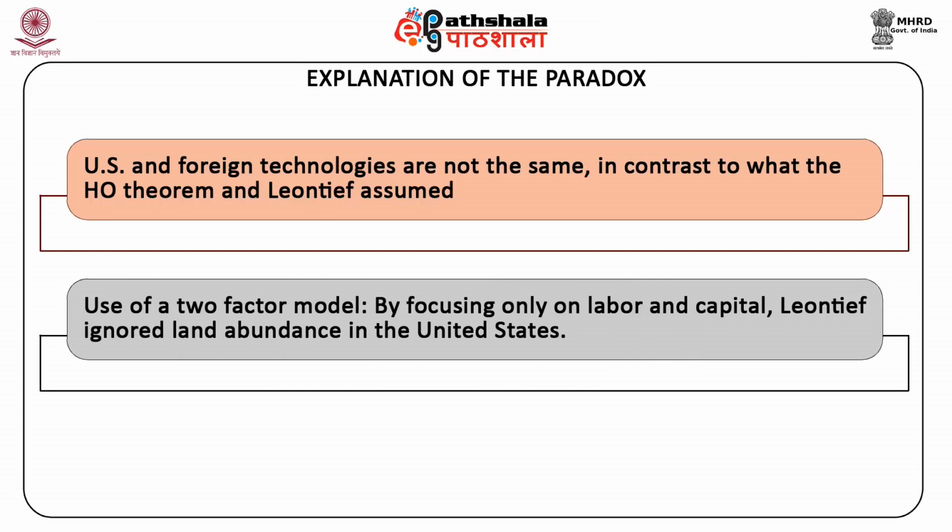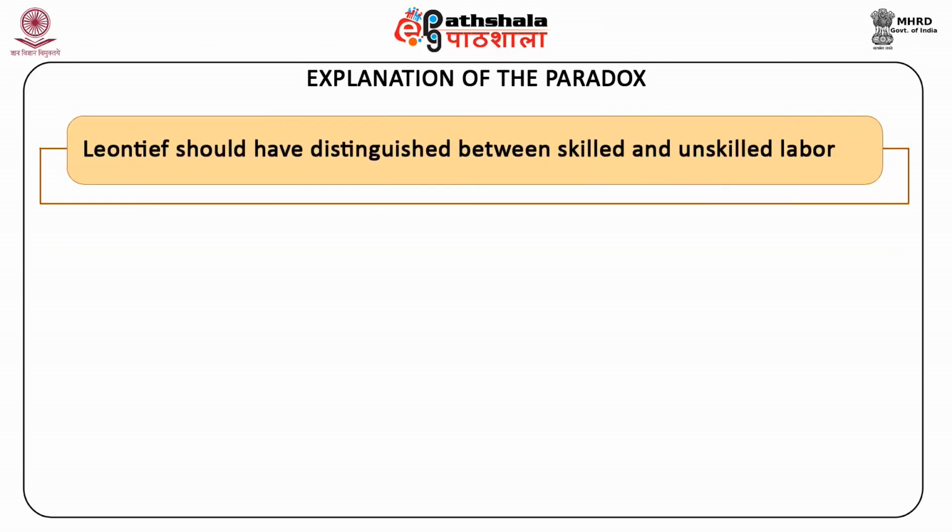Use of a two-factor model: by focusing only on labor and capital, Leontief ignored land abundance in the United States. Leontief should have distinguished between skilled and unskilled labor, because it would not be surprising to find that US exports are intensive in skilled labor.